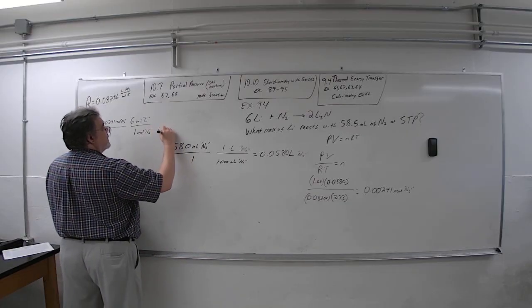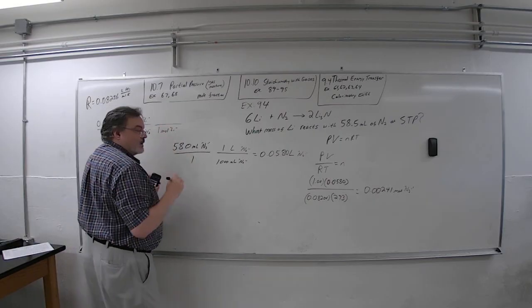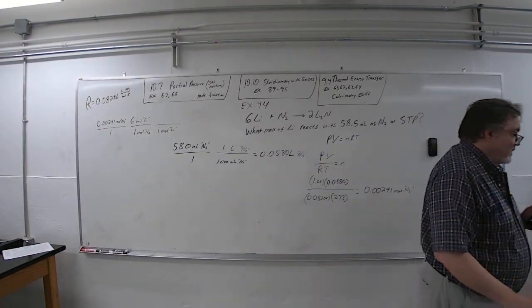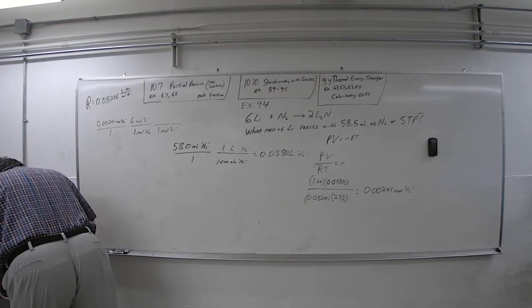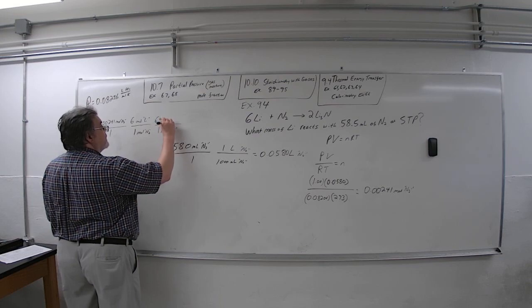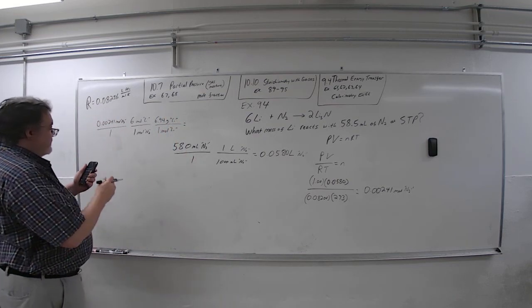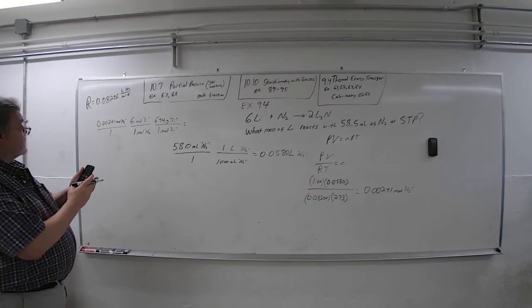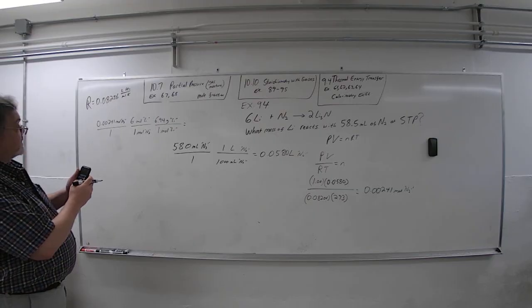And then 1 mole of lithium is 6.94 grams. So what mass is lithium? So that's going to do it, 0.00241 times 6 times 6.94.